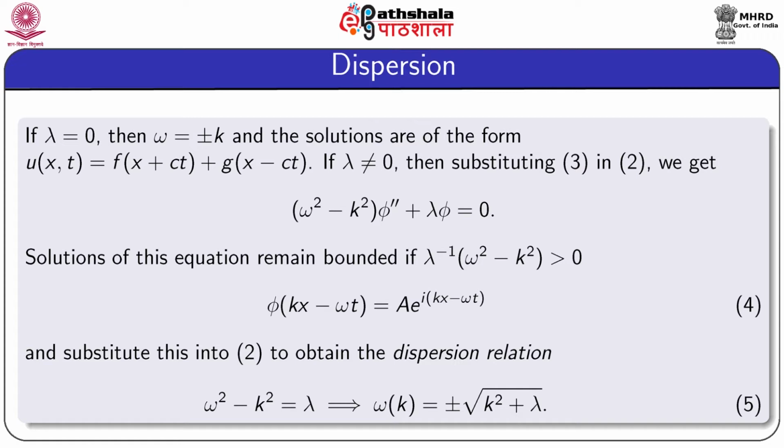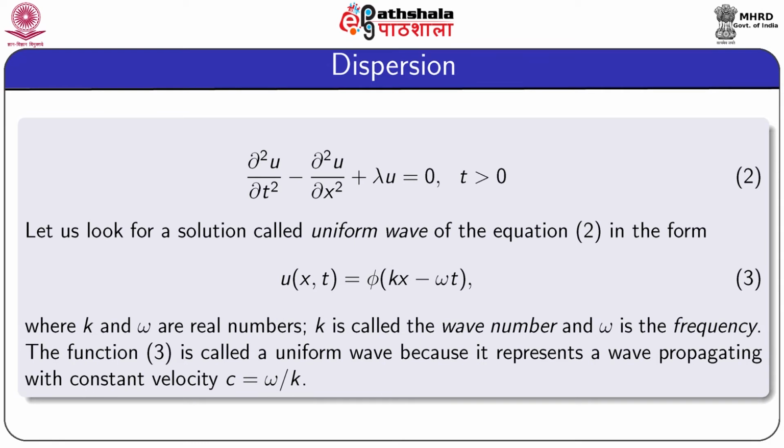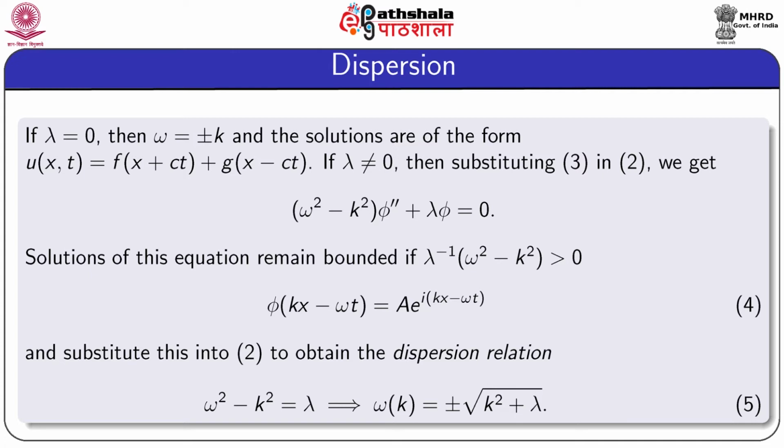So, φ(kx − ωt) = A e^{i(kx − ωt)}. Now, we are substituting 4 in equation 2 and we obtain a relation ω² − k² = λ, or ω(k) = ±√(k² − λ), and this relation is called the dispersion relation.